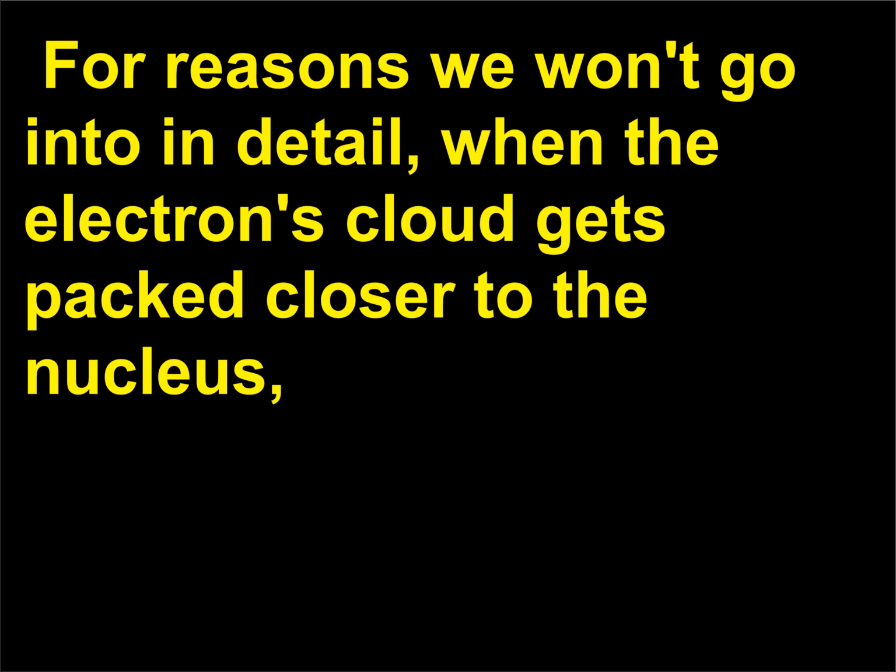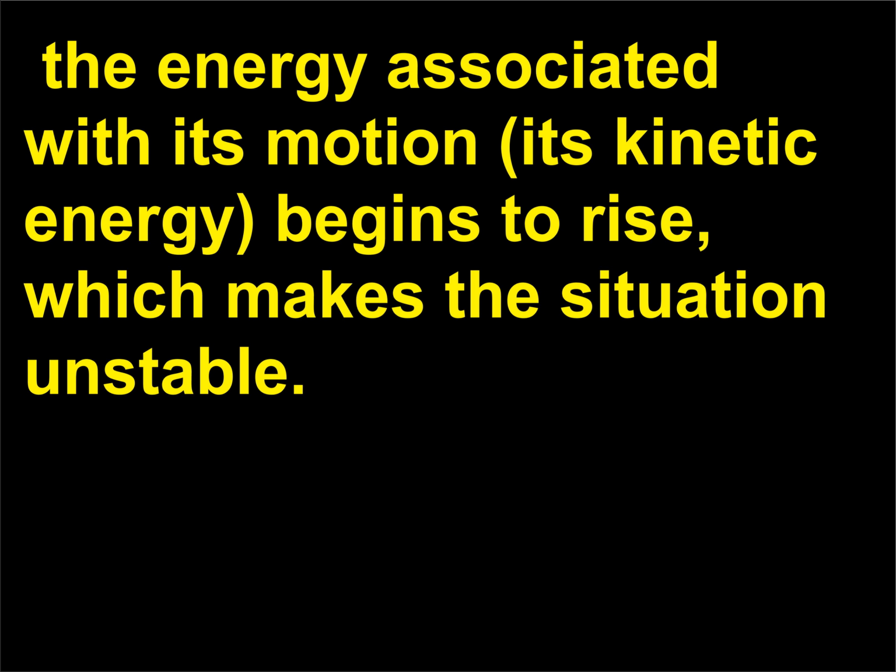For reasons we won't go into in detail, when the electron's cloud gets packed closer to the nucleus, the energy associated with its motion, its kinetic energy, begins to rise, which makes the situation unstable.